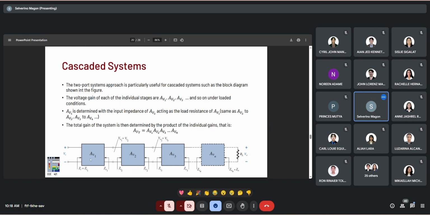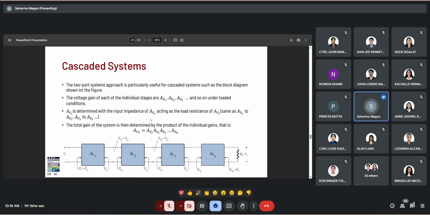For this example, we have n stages, and each stage is an amplifier having the respective gains AV1, AV2, AV3, and so on, under the loaded conditions.